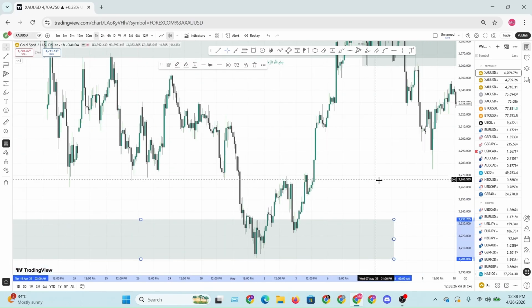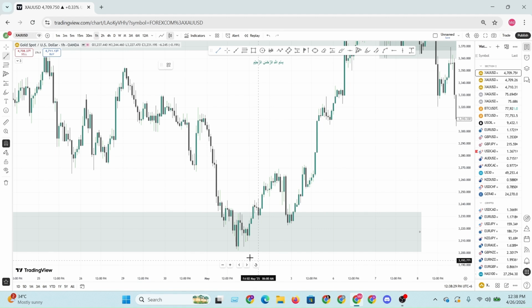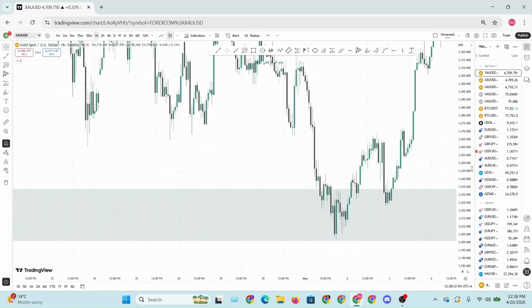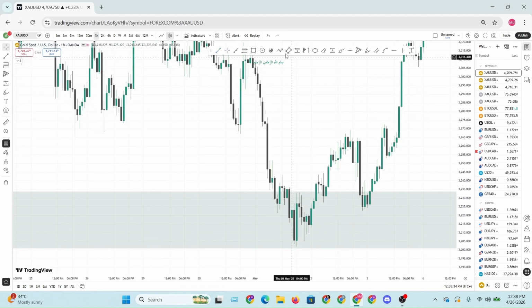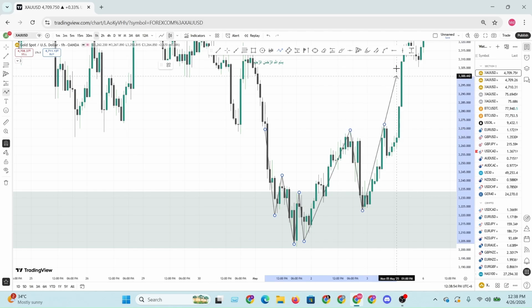When the market came to the daily PY, we'll look for an MSS, market structure shift. You can see the market is falling, and it shifted this, like this, and came to this level and went.